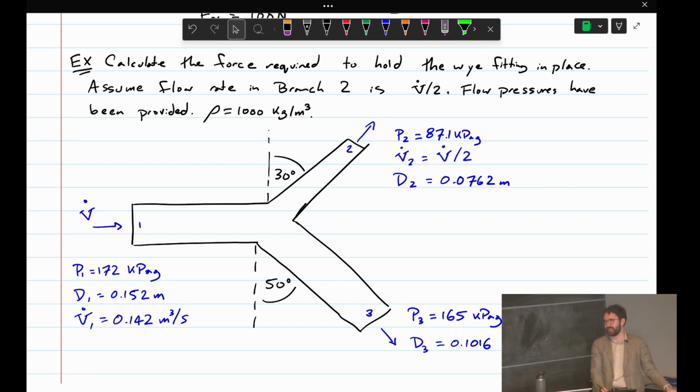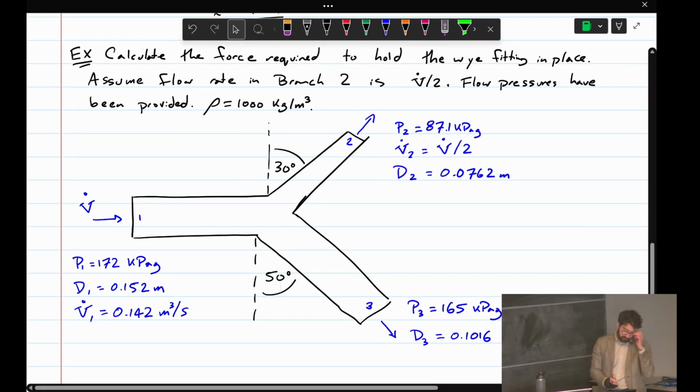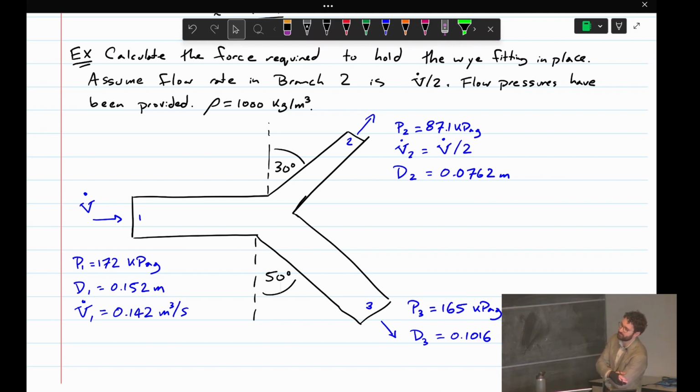So in the last question I asked, what is basically the procedure for this? What's the first step going to be? Which conservation law? Mass, right? And then the conservation of momentum. In this problem, we need to do conservation of mass because we don't know what the outlet velocity is at branch 3. So here are our coordinates.